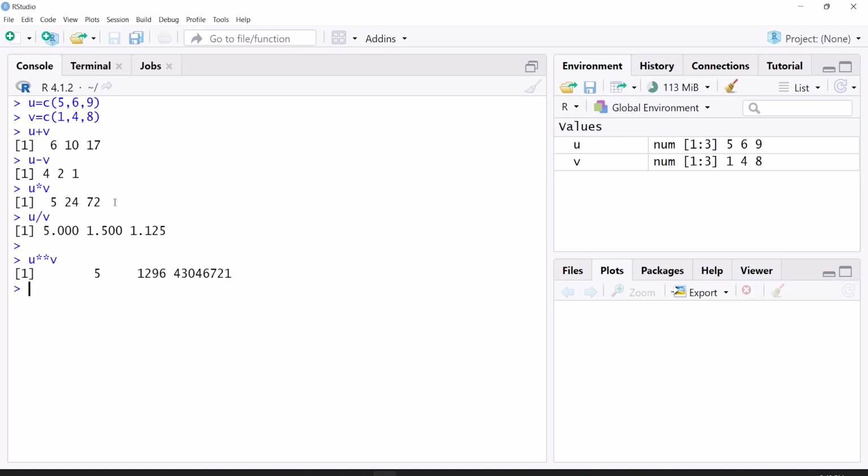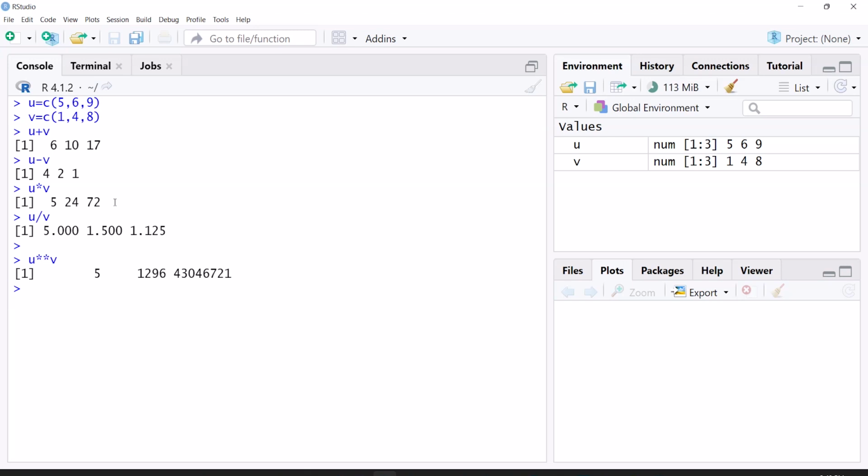Each element of the first vector u was raised to the corresponding element of the second vector. Let's use the other two operators, modulus and quotient. u modulus v, and we can see that the first vector is divided by the second vector and the remainders are given here.